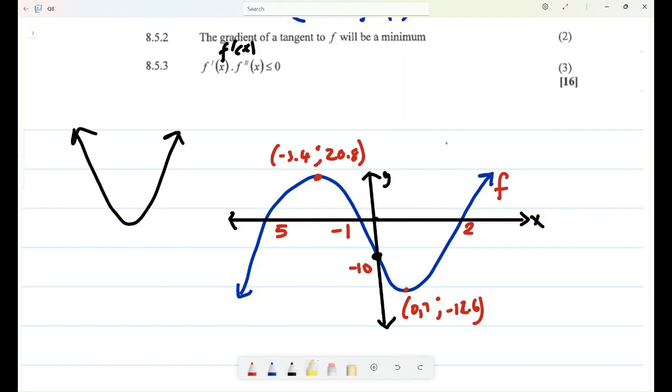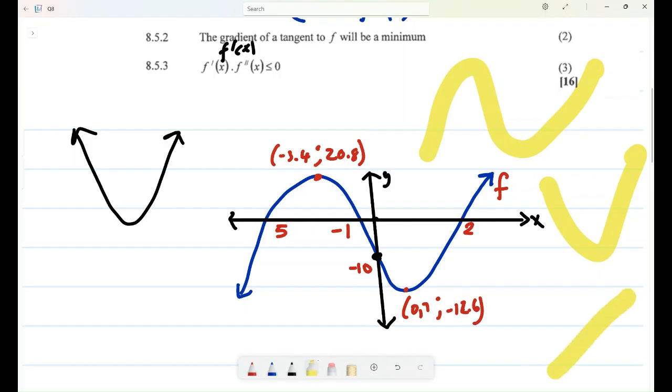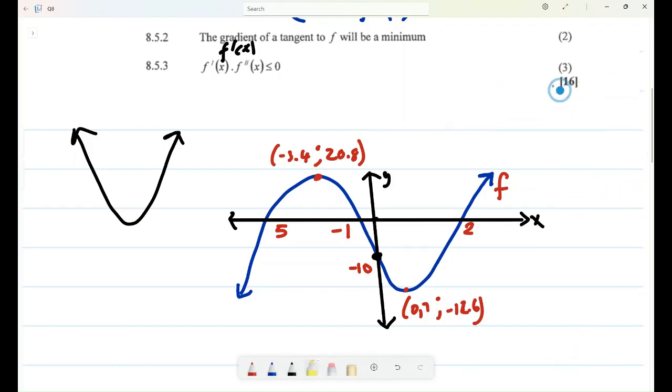Remember I said if your cubic function ends with a happy face, it means your parabola shape, which is your gradient, will have a happy face, and your straight line will be positive also. So where will this graph have a minimum?